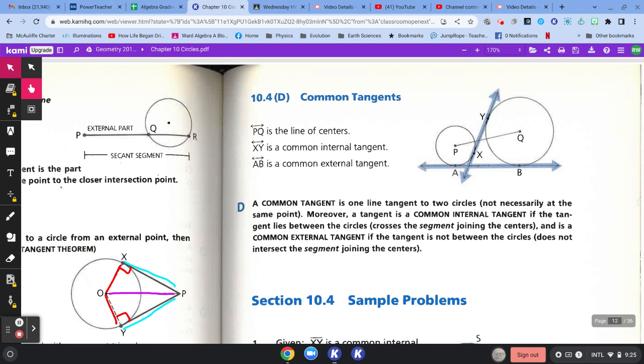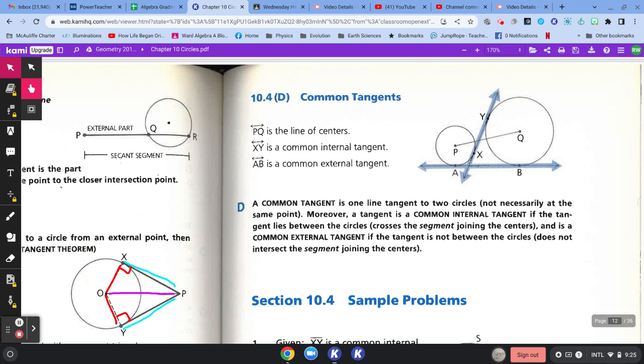Moreover, the tangent is a common internal tangent if the tangent lies between the circles. It's a common external tangent if it lies not between the circles. So AB is externally tangent, and AY is internally tangent because it's between the two circles. So these are important definitions that we'll get into.